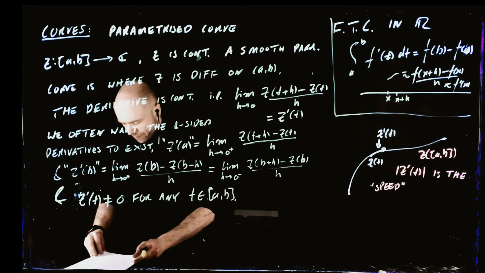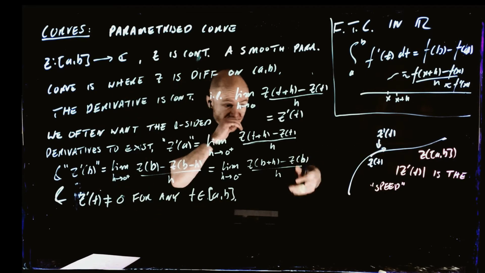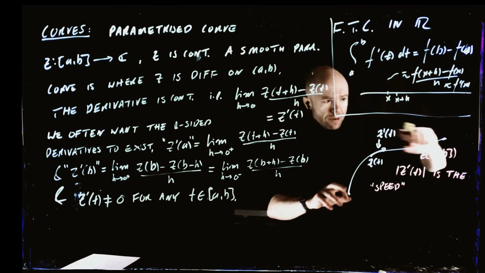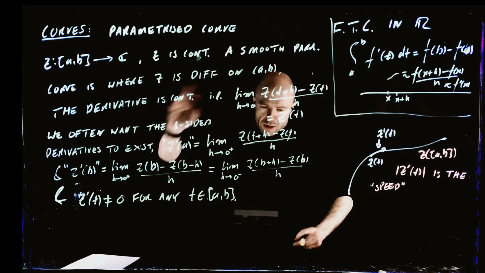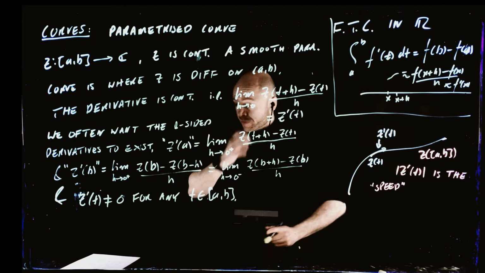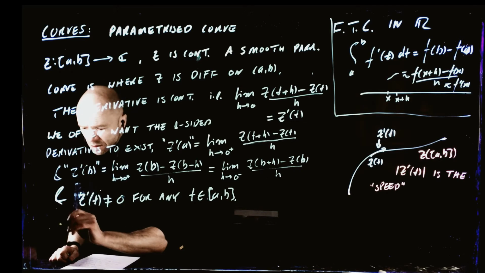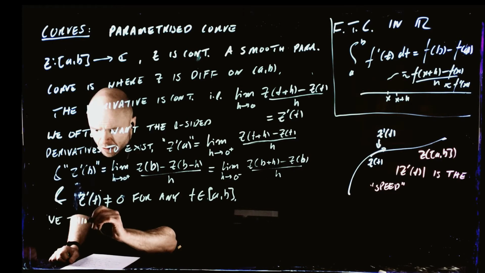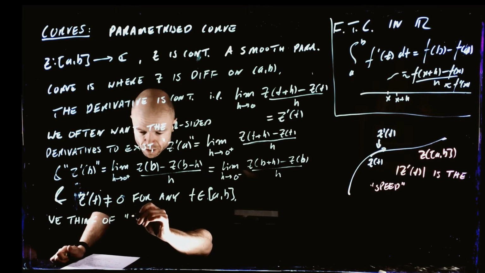Cool. All right, so as I was alluding to, the set of points in the plane which we think of as the curve and the parameterized curve are not the same things. So we think of the actual image of this thing as being the curve.